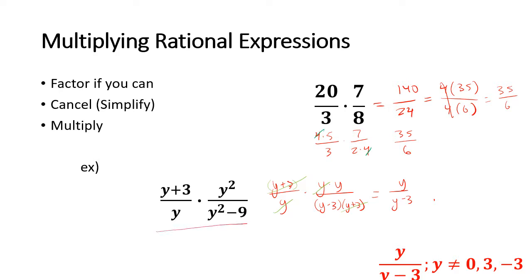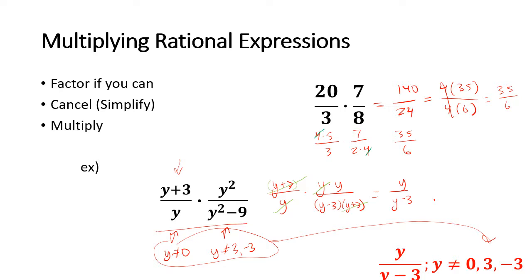So if we look at this original problem, y cannot equal 0 right there. Here, y cannot equal 3 or negative 3. If it was, we'd be dividing by 0 in the original problem. It doesn't matter if y was 3, then we'd have 9 minus 9, I'd have 0. So I'd have something that was okay over here, but I can't multiply something that's okay by something that's undefined. So all of these things would be restrictions for this problem.